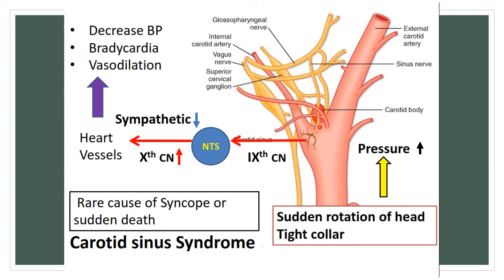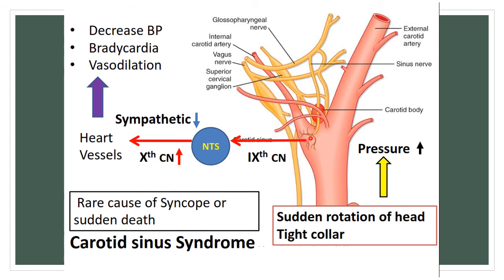It is receiving nerve twigs from the vagus nerve, the 10th cranial nerve, from the glossopharyngeal nerve, the 9th, and also from the sympathetic trunk. So the carotid sinus acts as a baroreceptor for controlling intracranial blood pressure.